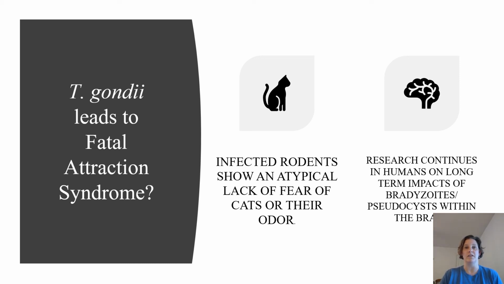So there have been studies looking at: does T. gondii have a higher incidence in our prison populations? Does T. gondii lead to other psychological disorders and mental disorders like schizophrenia? Or what impacts is the presence of T. gondii cysts within the human brain having on different human behaviors?